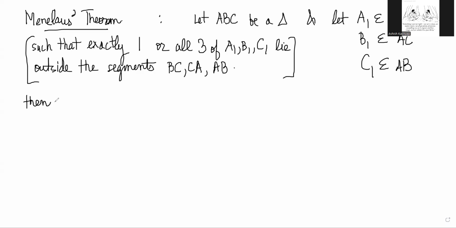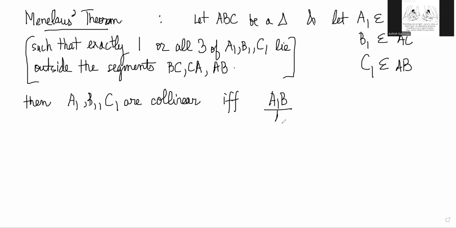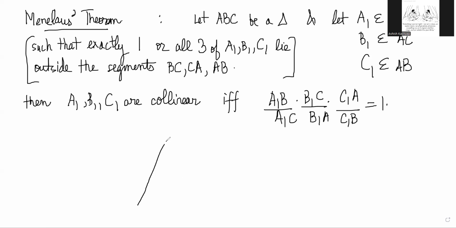Then we can say that A1, B1, C1 are collinear points if and only if A1B by A1C times B1C by B1A times C1A by C1B is equal to 1. That is your statement of Menelaus.